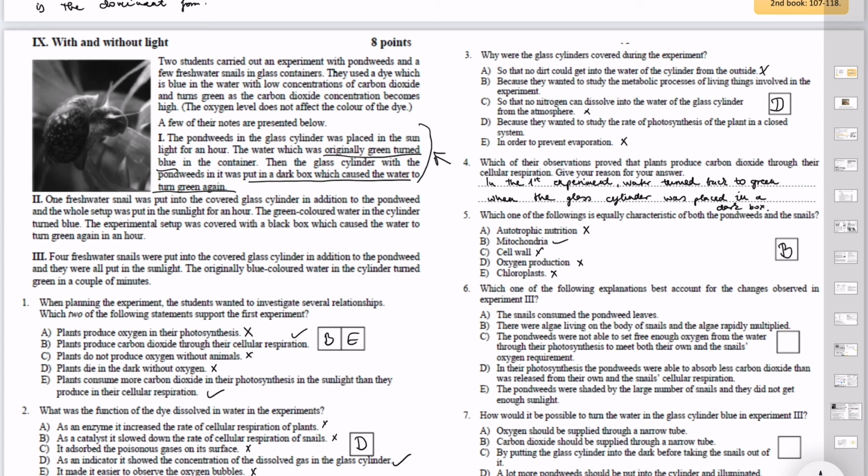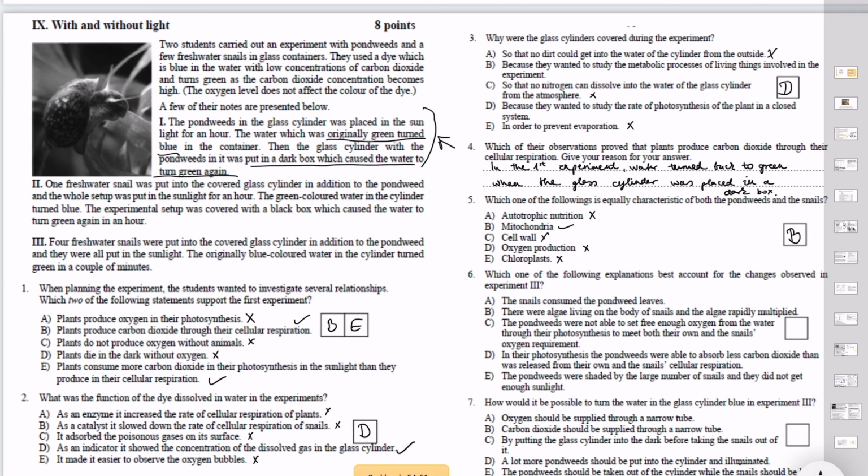Which one of the following explanations best account for the changes observed in experiment 3? So in the third experiment, 4 freshwater snails were put into the covered glass with the pondweed, and they were all under the sunlight, and the originally blue colored water, which was low in carbon dioxide, turned green. Okay, so the snails consumed the pondweed leaves. No, there were algae living on the body of the snails, and the algae rapidly multiplied.